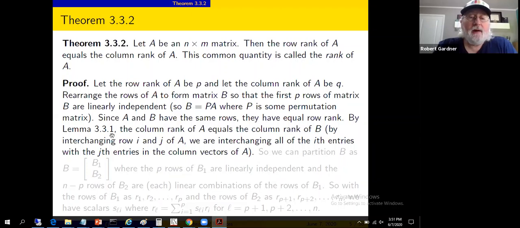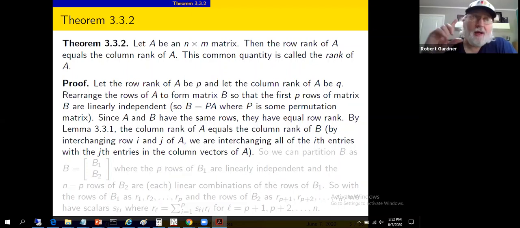Now I want to talk about columns. We're trying to link together row rank and column rank. By taking the rows of matrix A and permuting them around the way we did, consider what's happened to the columns of matrix A. Whenever you move around two rows, you've interchanged components of column vectors.